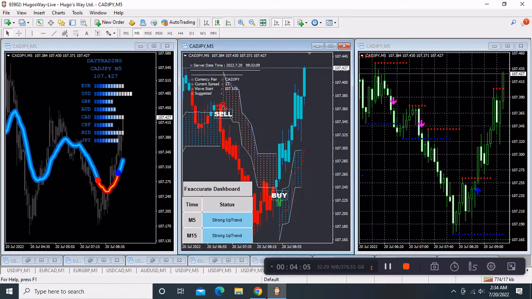So I look at that as well to help me with the trend, to keep me in the loop on which direction I should be following, based on the currency pair. Now back over here, as you can see, you get sell and buy notifications as well. These are very, very good in this indicator.